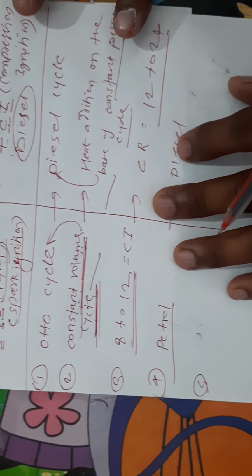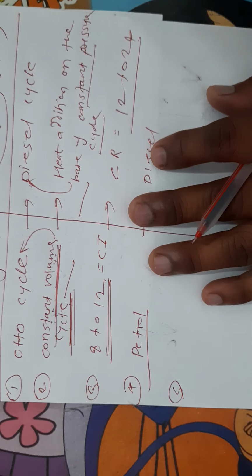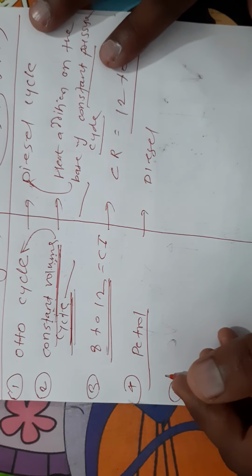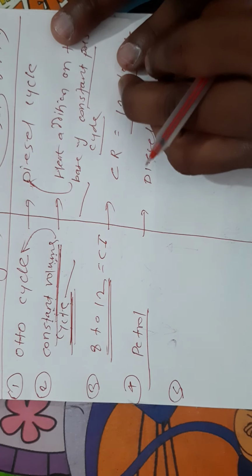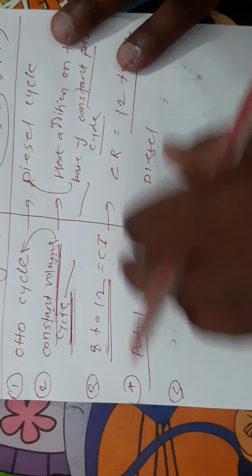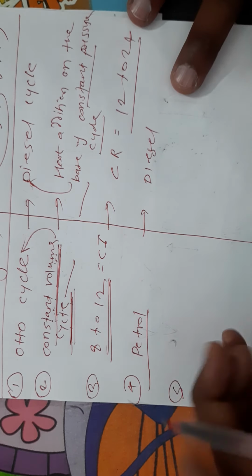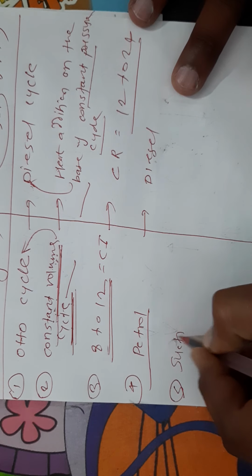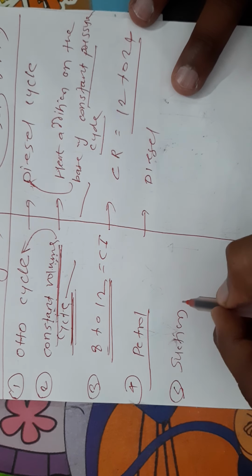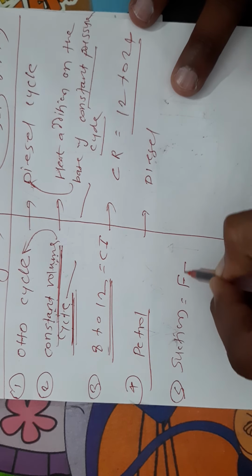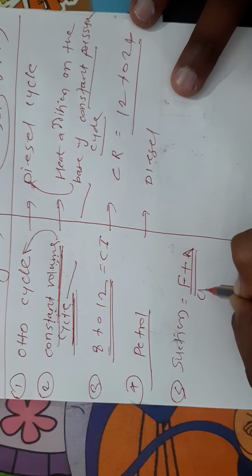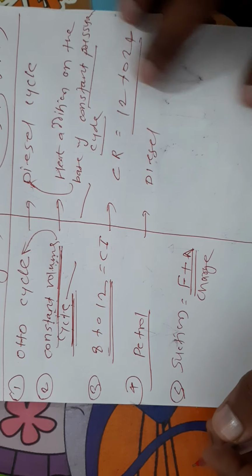So my dear students, our next difference is during suction. You know very well, there are four strokes in the SI engine and four strokes in the compression engine too. So the first stroke, you know very well, is the suction stroke. During the suction stroke, my dear students, in the petrol engine we have fuel plus air as a charge. Are you getting?